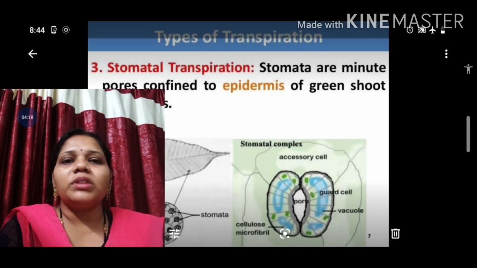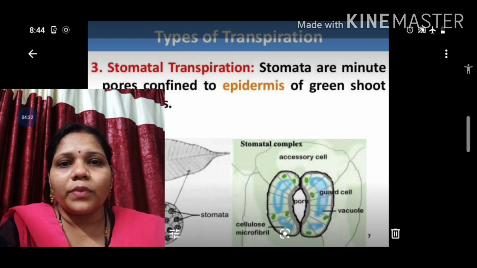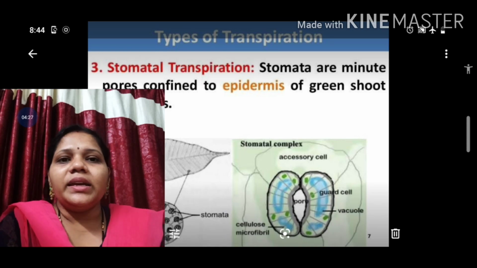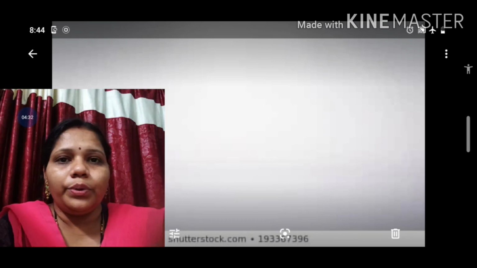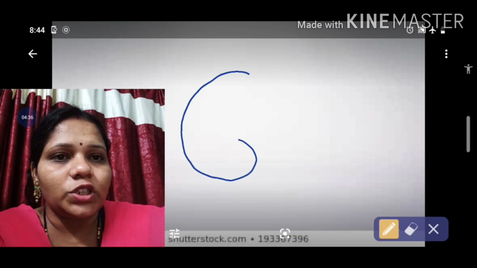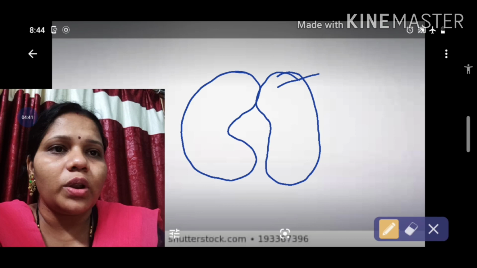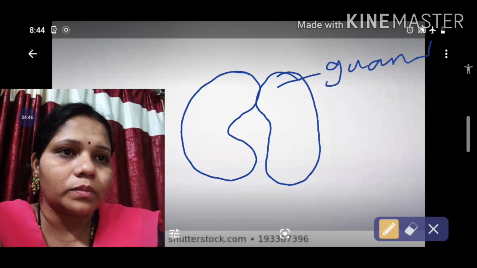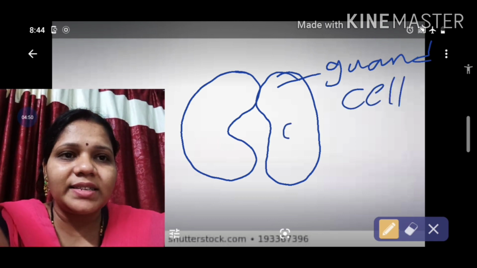Before knowing about stomatal transpiration, we have to know what a stomata is, or what the structure of a stomata is. Generally, the stomata have 2 kidney-shaped cells which are known as guard cells.